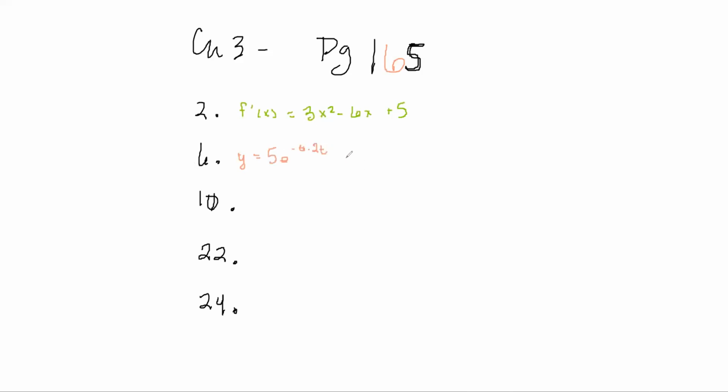So we know that y prime is going to equal, based upon the general rules that we learned for finding e to the kt, and based upon the chain rule, 5 times negative, and then I'm going to write it in terms of a fraction, just because that's how I like to think of decimal points, and then e to the negative 0.2t.